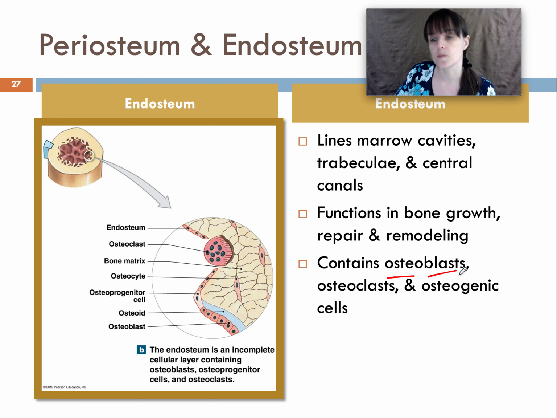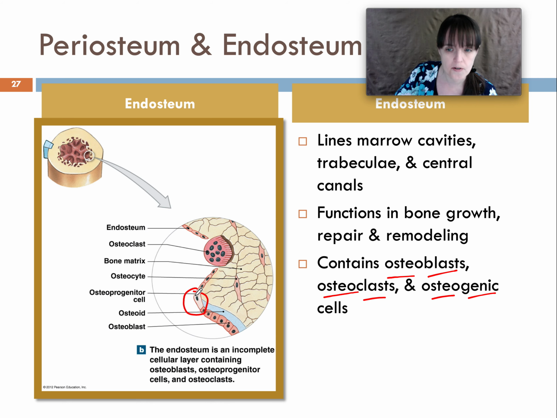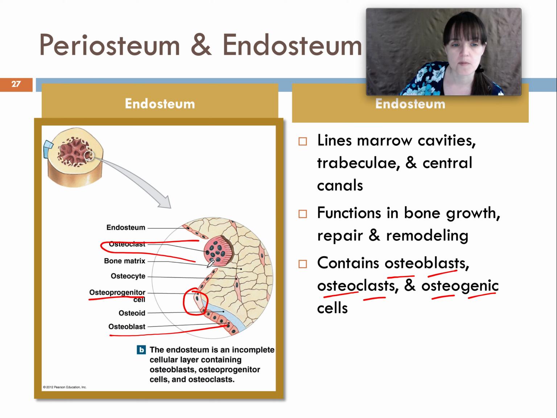So osteoblasts, the builder cell, osteoclasts, the destroyer cells, osteogenic, the stem cells. So here's an osteogenic cell. Remember, osteoprogenitor and osteogenic are the same term. Here are the osteoblasts and a giant multinucleate osteoclast eating holes in the bone. The osteocytes are in the bone matrix. There are no osteocytes in the periosteum or the endosteum.